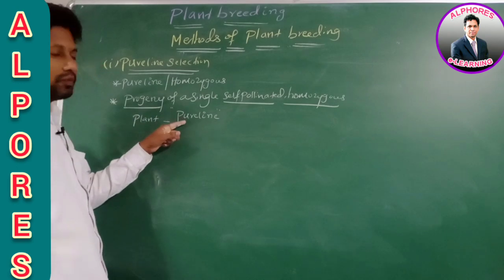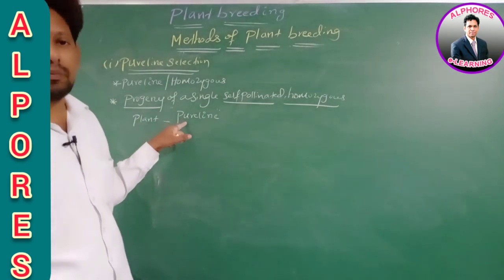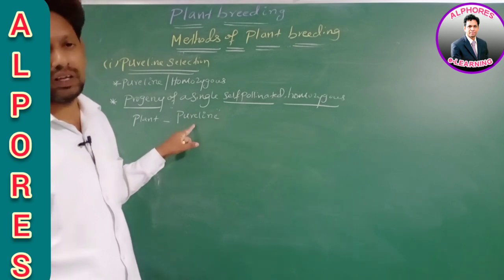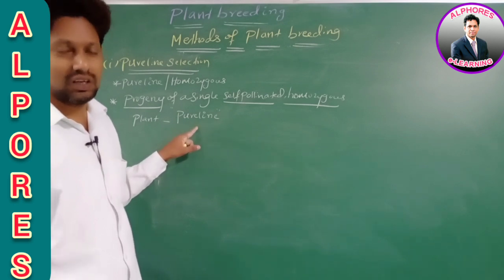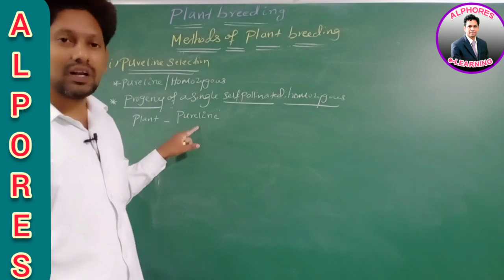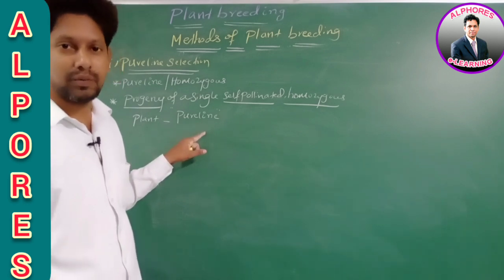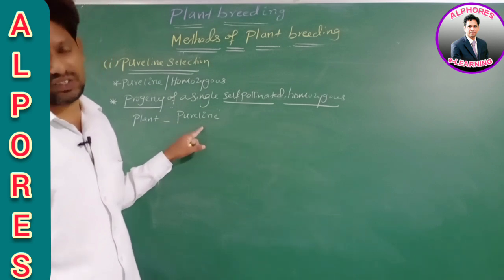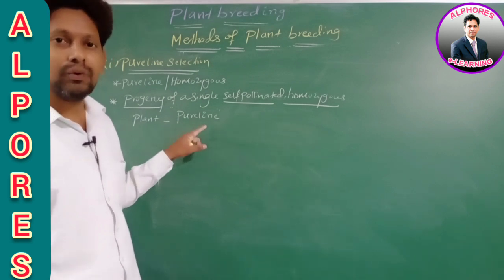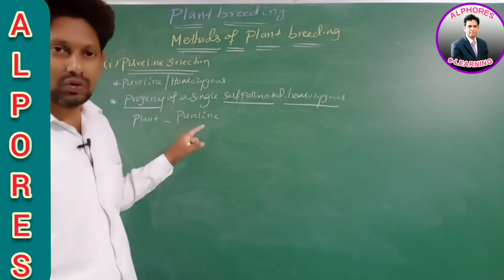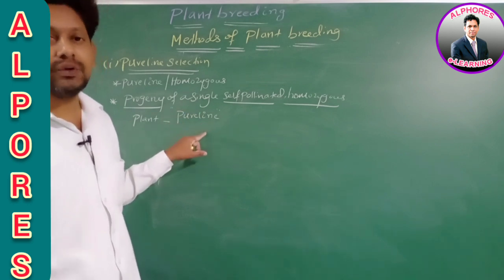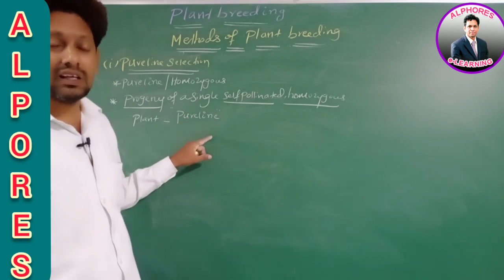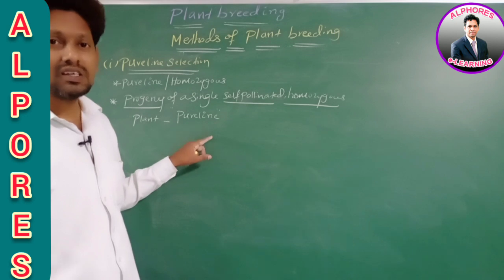Sir, if these pure lines are used for crop improvement, we are calling that as what, sir? Pure line selection. Therefore, pure lines are used for crop improvement. Such selections are called as pure line selections. Is it okay?